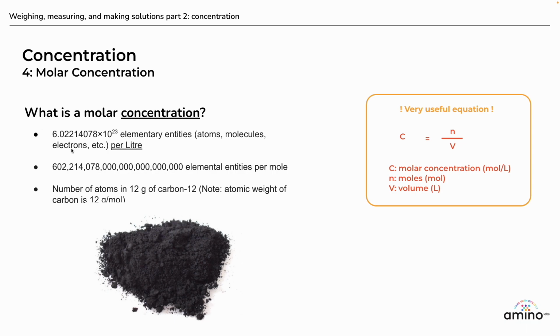A molar concentration is Avogadro's number of elementary entities per liter. Okay? So we learned about mass concentration, which was grams, for example, of mass per liter. In this case, it's the number of elementary entities per liter. Okay?